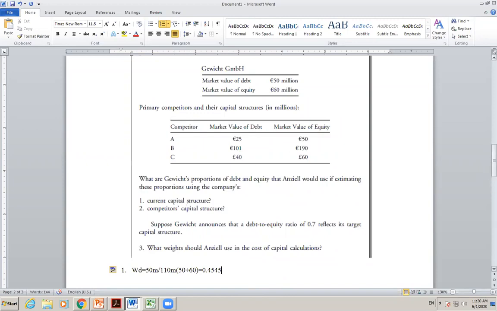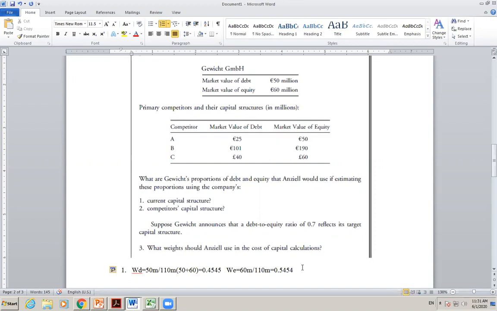And the same thing, the weighted average for equity is 60 divided by 110 million. That should give me 0.5454. These are the proportions, how we calculate them.